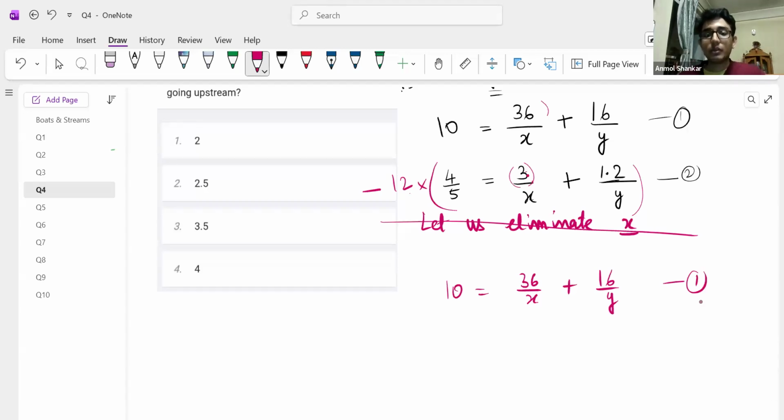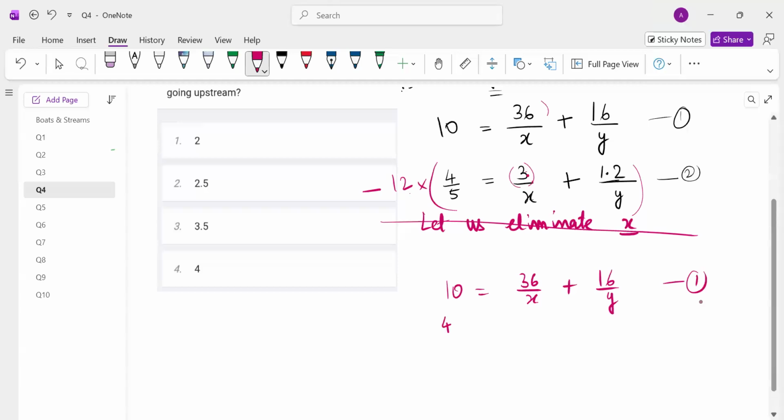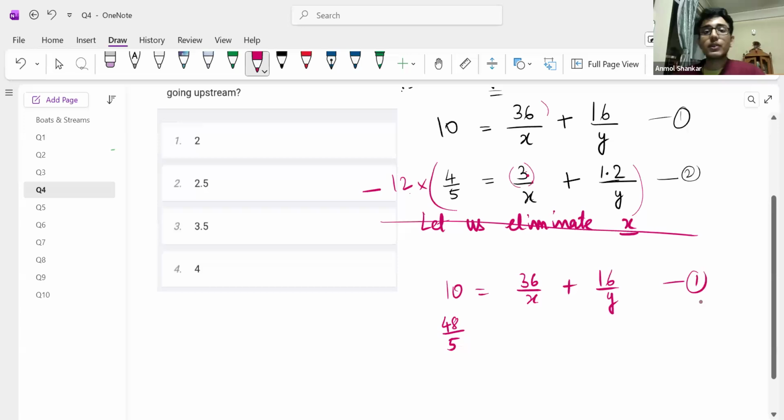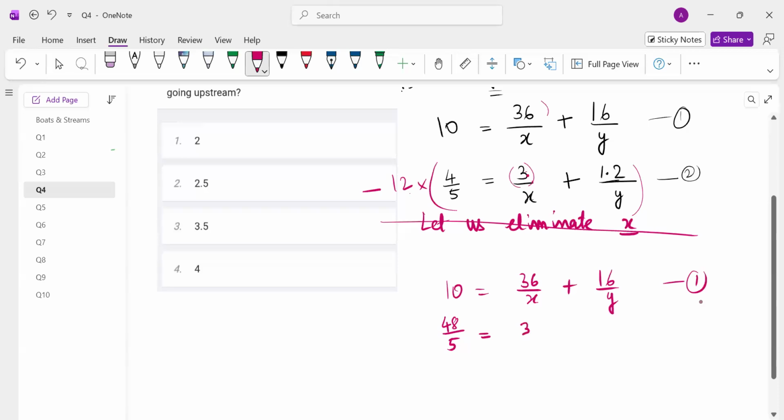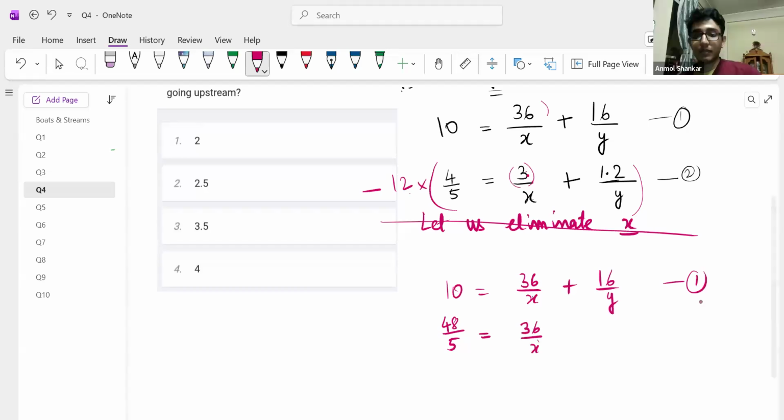So 12 into 4 by 5 is 48 by 5; you can also write it in decimal or fraction. 3 by x times 12 is 36 by x, the same as above. This is what we wanted.